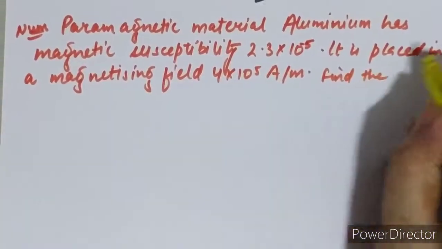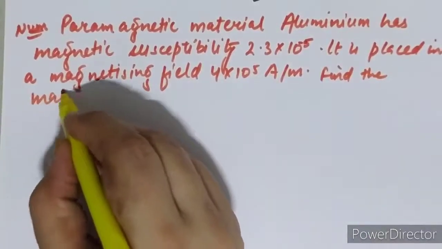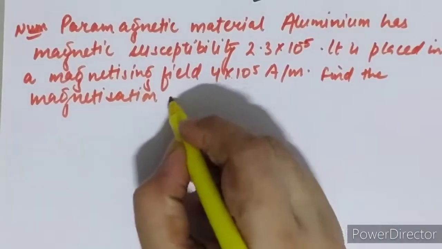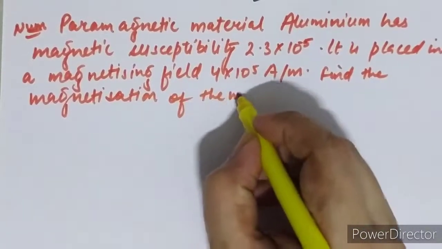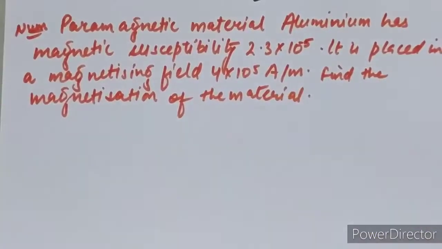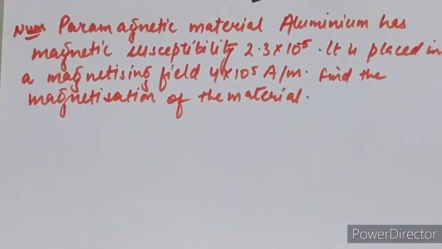Find the magnetization of the material. Magnetization means you have to calculate the value of the intensity of magnetization.